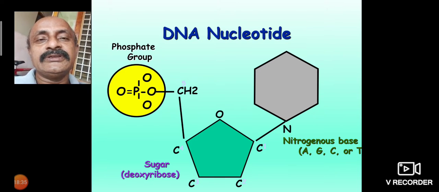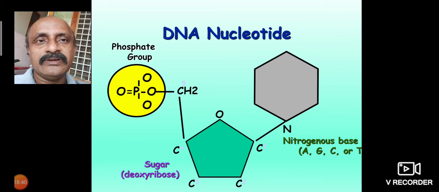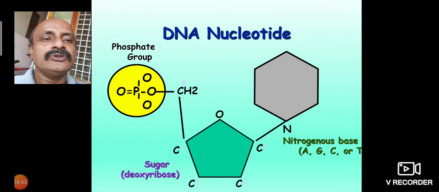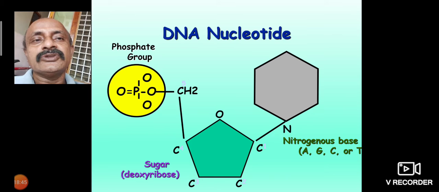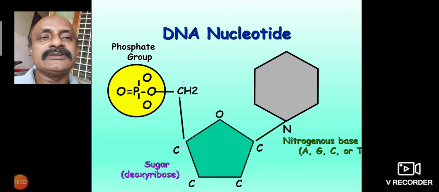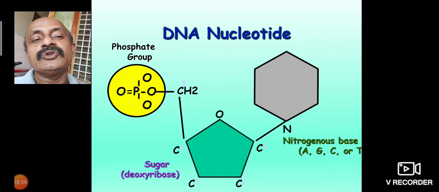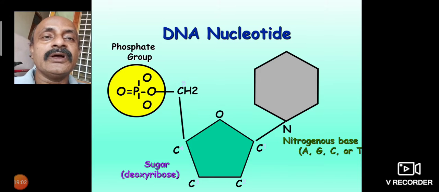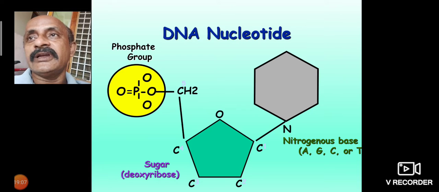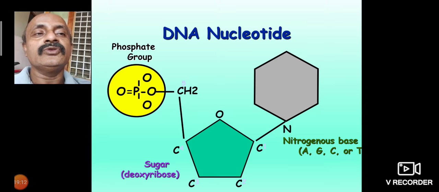So what is a nucleotide? A nucleotide consists of three substances of nucleic acids: phosphate, sugar and nitrogen base. The sugar, phosphate and nitrogen base are always bonded to form a nucleotide. The nitrogen bases are adenine, guanine, cytosine and thymine. The sugar is the middle part, with the phosphate on one side and the nitrogen base on the other. This is called the nucleotide structure.